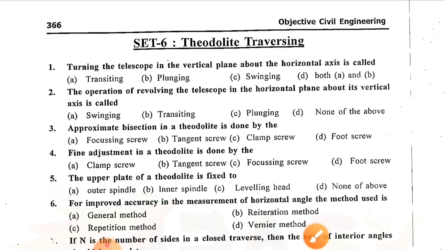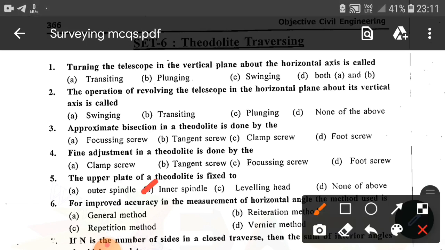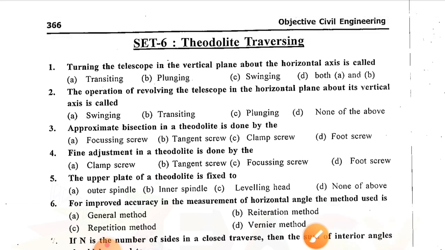Question number 5, the upper plate of a theodolite is fixed to. Option B is correct, inner spindle. Question number 6, for improved accuracy in the measurement of horizontal angle, the method used is. Option C is correct, repetition method.